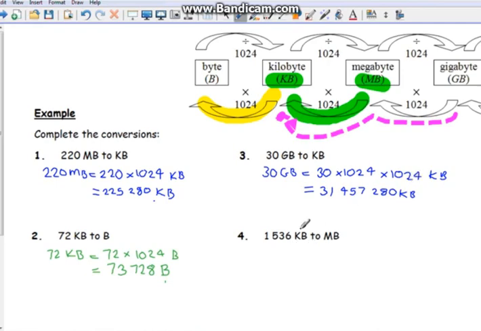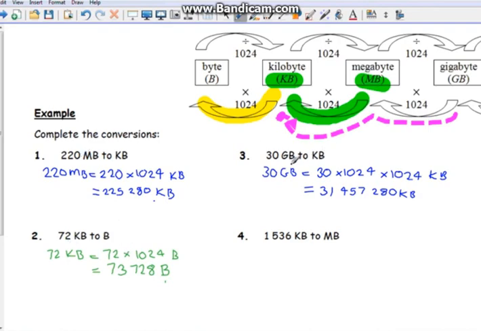Now we're going from kilobytes to megabytes. So this time we are going backwards. A megabyte is a larger unit of storage, so we're going to divide. So far we've multiplied because we're going to smaller units. A kilobyte is smaller than a megabyte. A byte is smaller than a kilobyte.